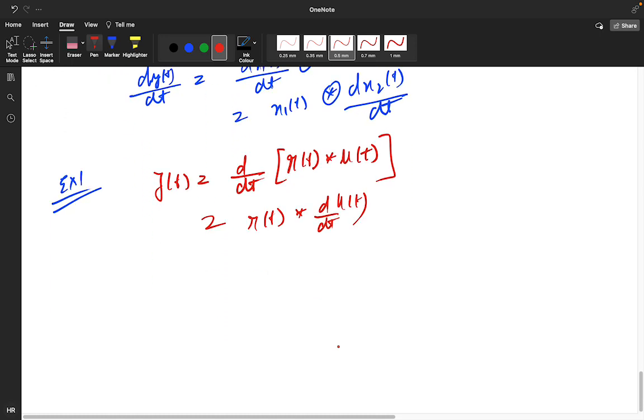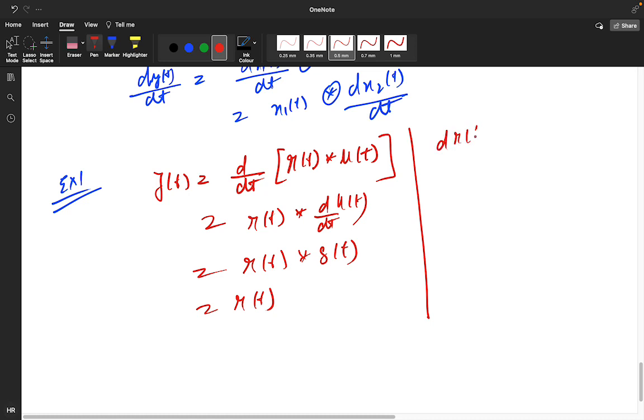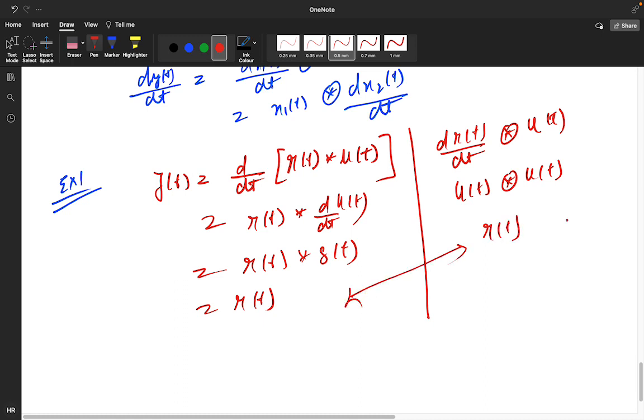Okay, so r of t, the differentiation of u of t will give you impulse function, and the result, this is the impulse response, so result will be this only. Or you can do like this, derive this. So dr of t divided by dt convoluted with u of t. So the differentiation of r of t will give you u of t, and u of t convolution will give you r of t. In both manners you are getting the same answer.